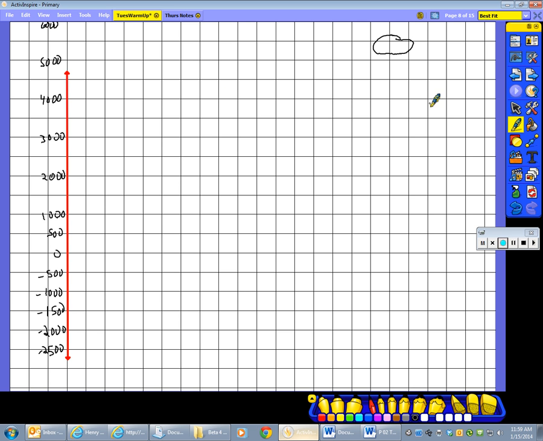So you kind of get the idea. Now on your graph paper, of course, you'll have more room. I'm kind of running out of room here.